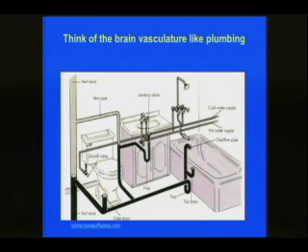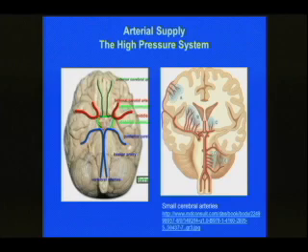You can also have stoppages in your drainage system. And if you have stoppages in your drainage system, sometimes it doesn't cause any problems, but sometimes you can have an overflow. And any time that you have a rupture in the system where it breaks, you can have bleeding into the brain. So if you understand home plumbing, you'll essentially understand stroke neurology.